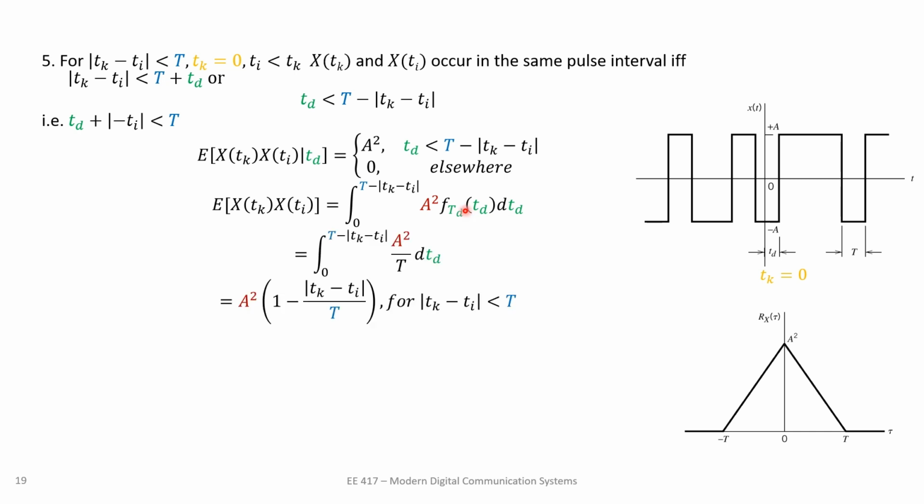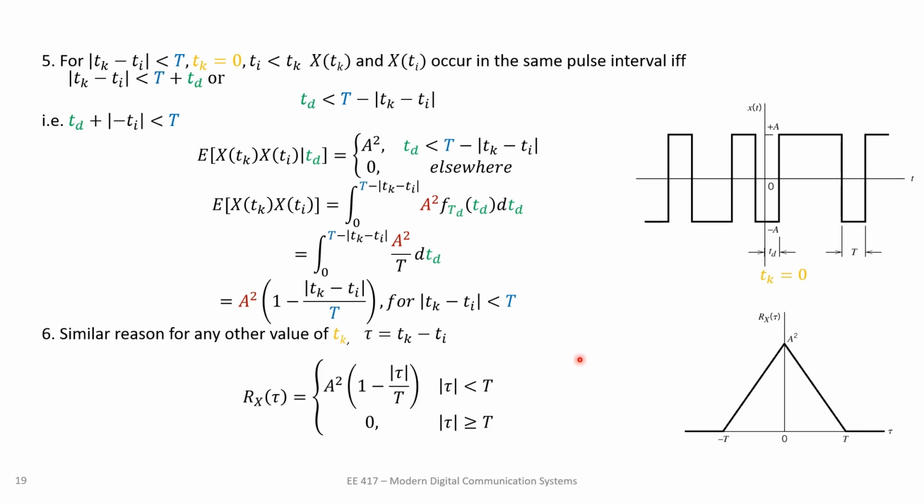Of course we'll get a linear operation and we get the following triangle. It's logical because it says if you are comparing at 0 time you get a squared, if you are beyond T you get 0, and whatever is in between we have this decay. So if you want to compare the signal with itself, we have high correlation if we have the right delay, and once we exceed one bit delay, then there is nothing that we can say about the bits.